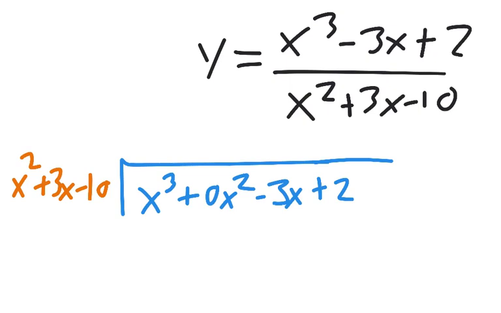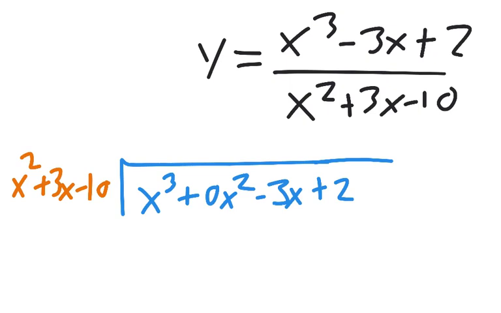3 times what gives me 9? 3 times 3 is 9. Right? You want them to completely match. So same thing here. I've got an x squared. I want it to be x cubed. So x squared times what is x cubed?